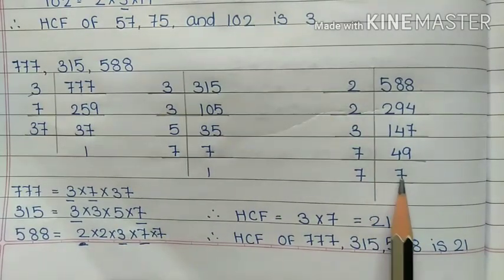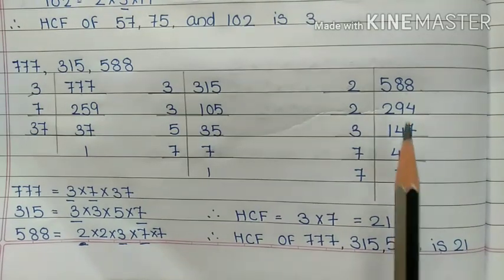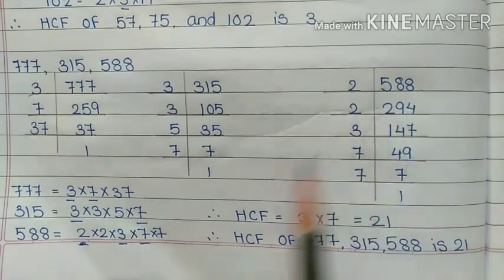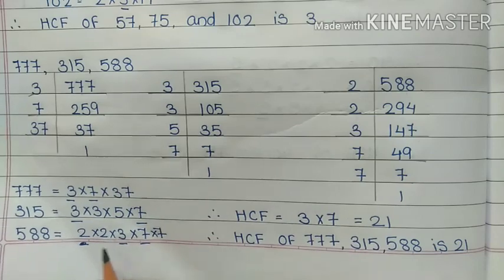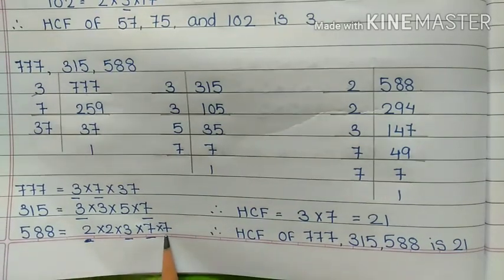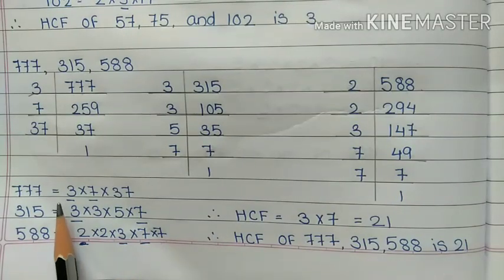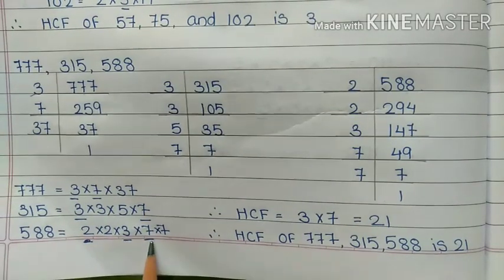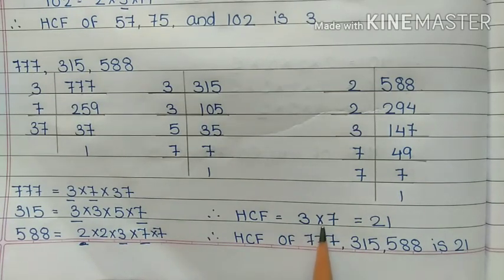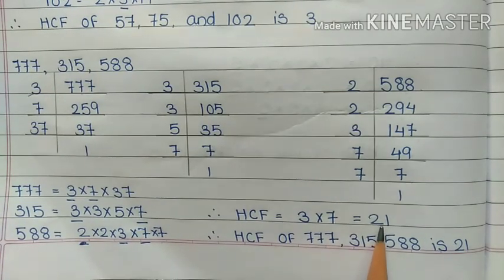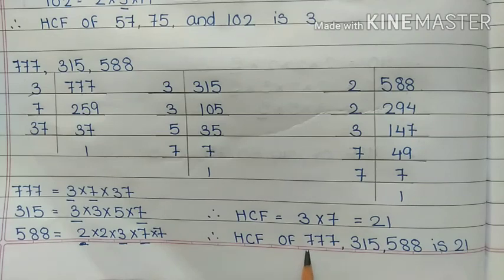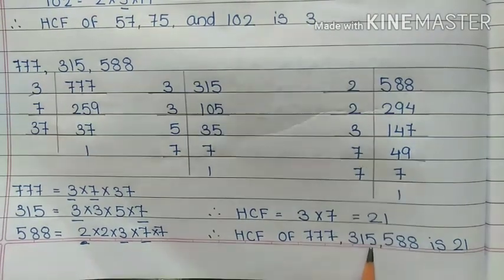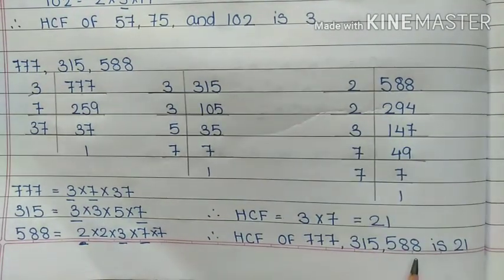So 588 is 2 into 2 into 3 into 7 into 7. Now underline the common prime factors. You find 3 and 7 are common. So 3 into 7, 21, is the HCF of 777, 315 and 588.